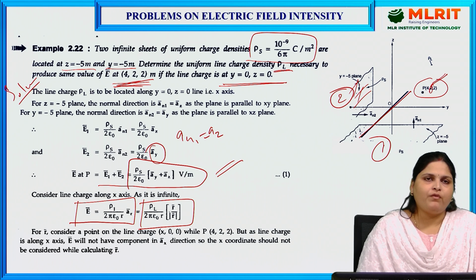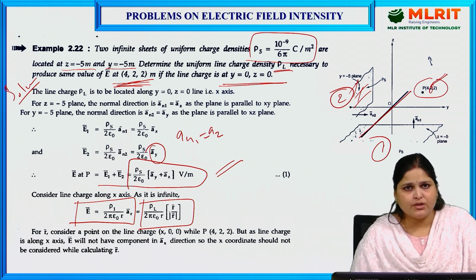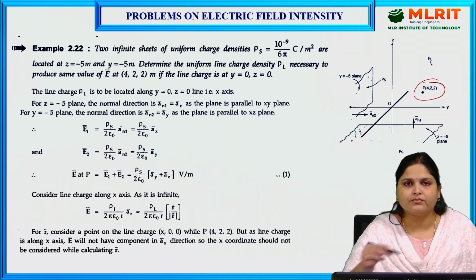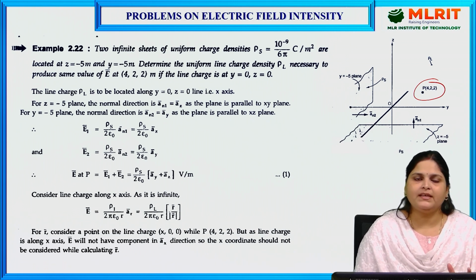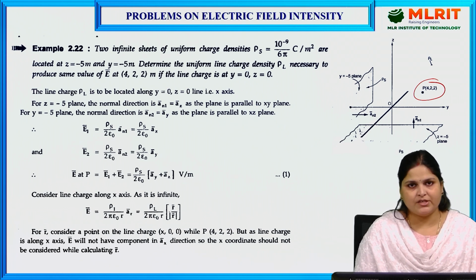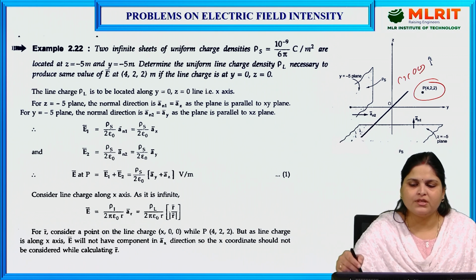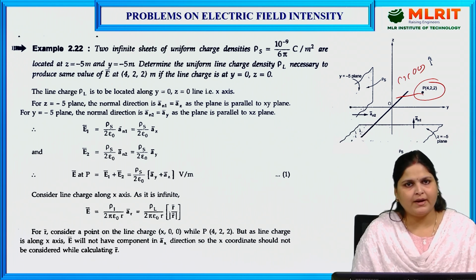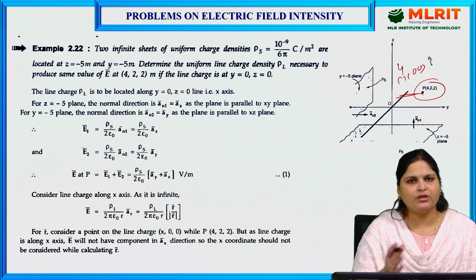For r, we will consider a point on the line charge which is at (x, 0, 0), and P is at (4, 2, 2). The line charge is along the x-axis, so obviously it will not have any component in the ax direction. We can write any point as (x, 0, 0) when we drop the perpendicular. The y and z components are already given for this line charge; x we have to find. If we drop the perpendicular, it will be basically 4, but ultimately it is going to be cancelled.